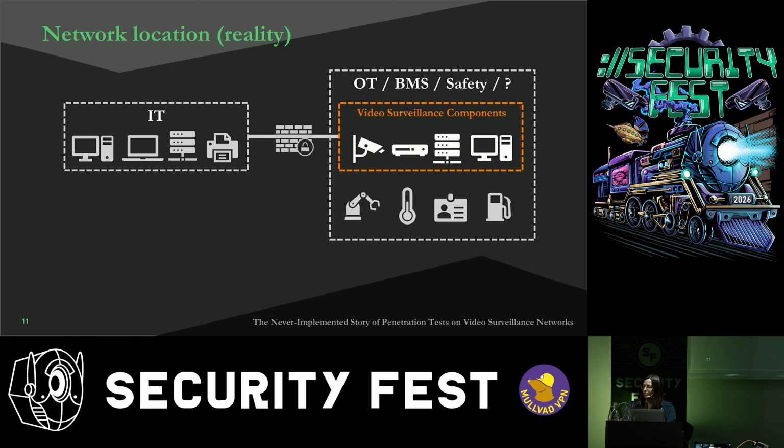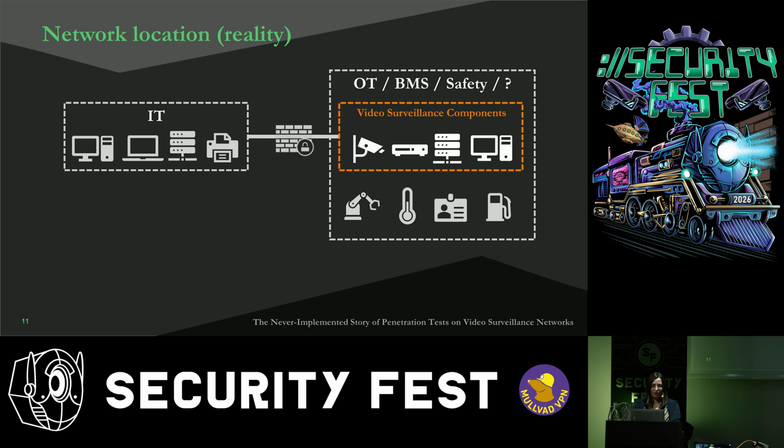It's very common that they are mixed with other types of components covering other functions. For instance, they can be mixed with OT, building management systems, safety, such as access control, things like that. And by mixed, I mean either on the same VLANs or different VLANs, but no segmentation, and so on.